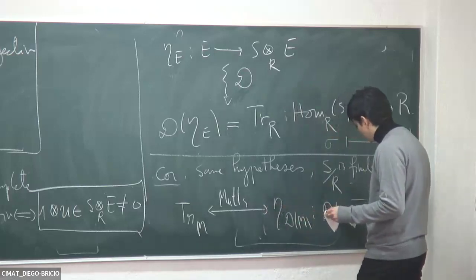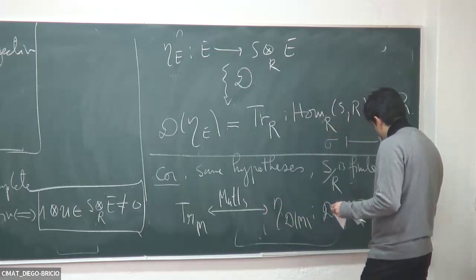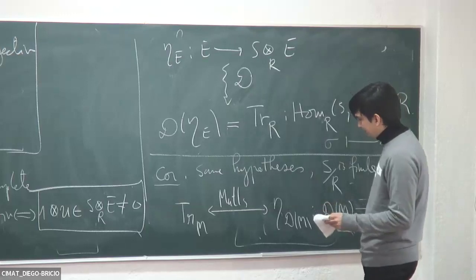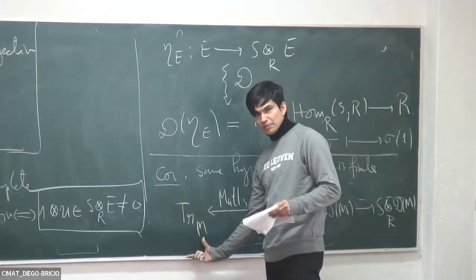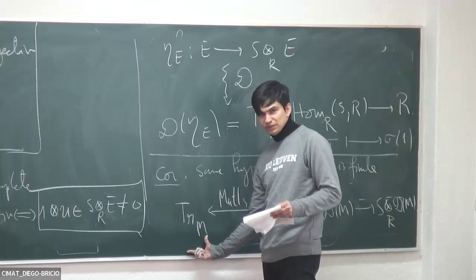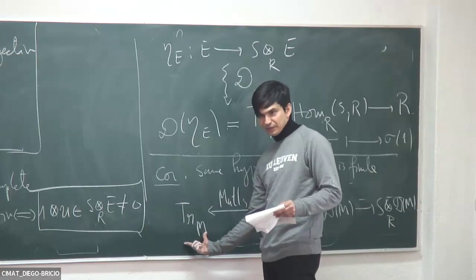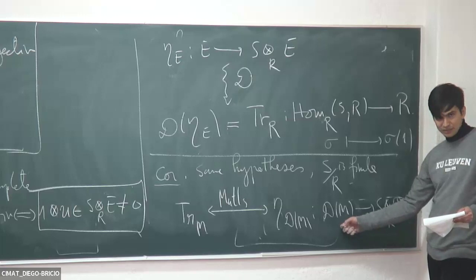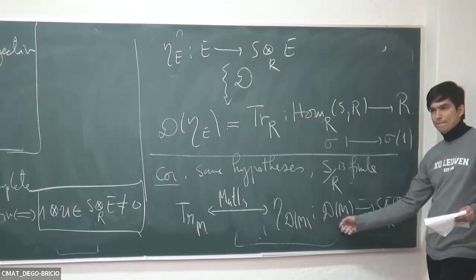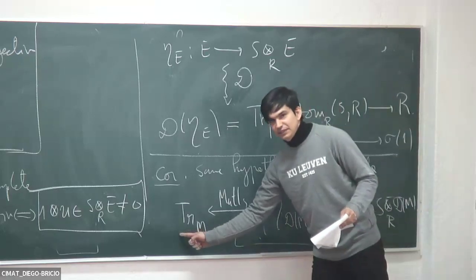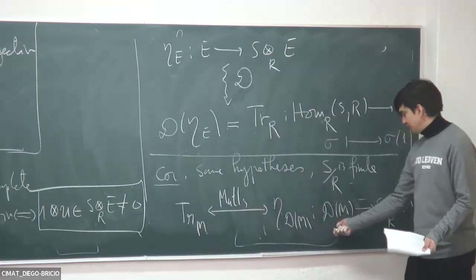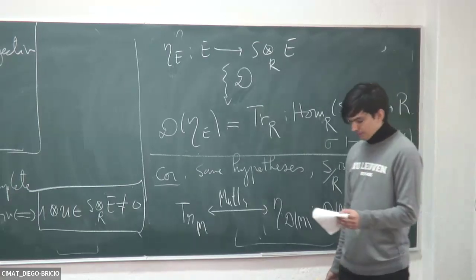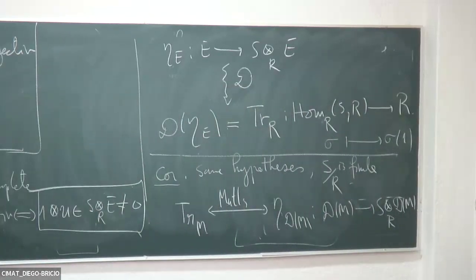This is a map from the dual of M to S tensor the dual of M. So this is a very important conceptual object to understand, the trace of a module. Here is where our ideas live. But in practice, when we want to do computations, this is the object that's going to be important. And so you will see that the surjectivity of this, for example, is going to translate into the injectivity of this, and so on. Okay, that's all good.